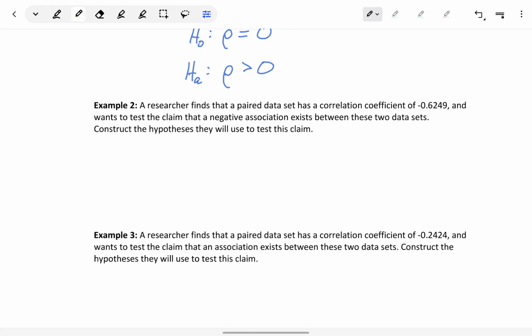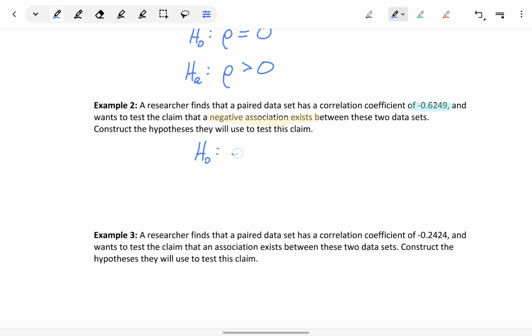In example 2, the claim is that a negative association exists with a sample correlation coefficient of -0.6249. This is a great example of one of those in-between numbers. It is closer to -1 than 0, but we're getting into that middle range where maybe it doesn't seem as convincing.